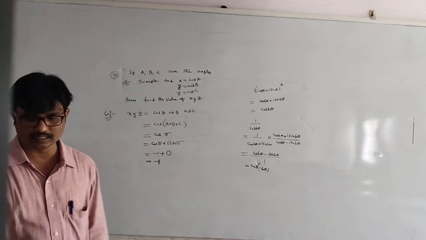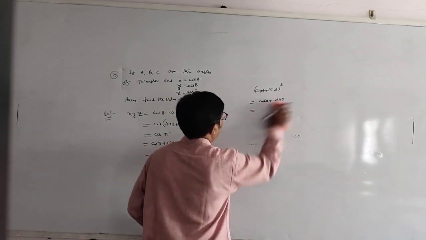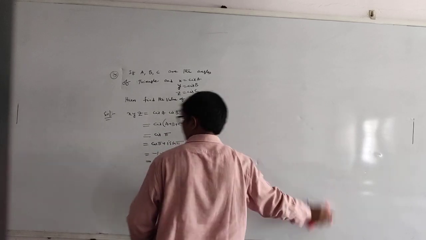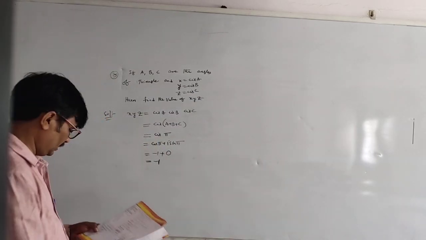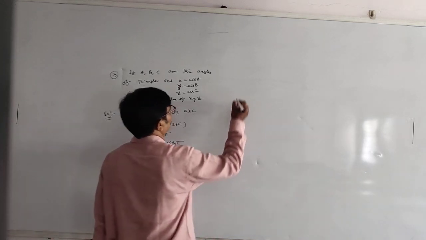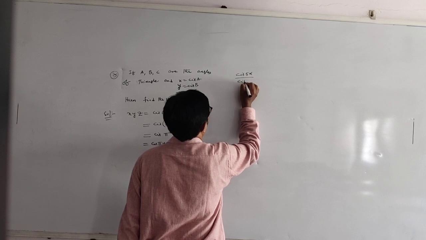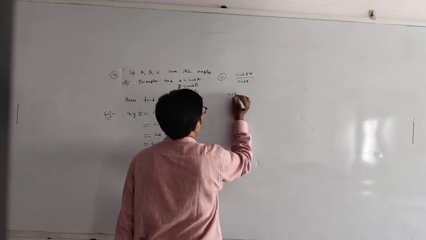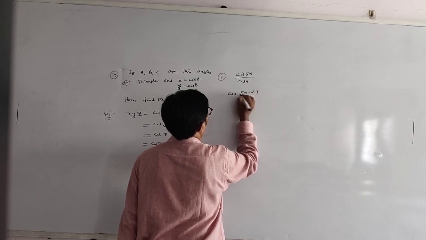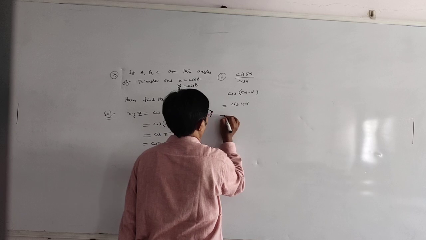After that students, now another question. Cis 5 alpha by cis alpha. This is cis of 5 alpha minus alpha. Cis A by cis B is cis of A minus B, and 5 alpha minus alpha is 4 alpha.